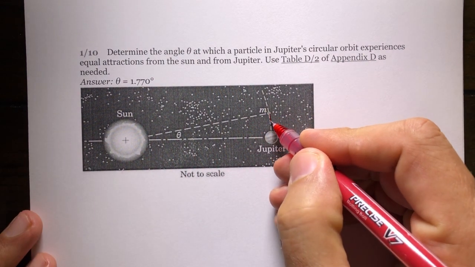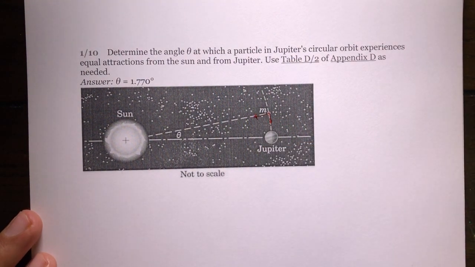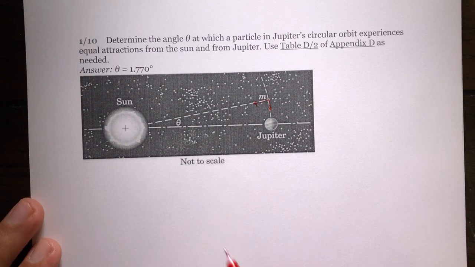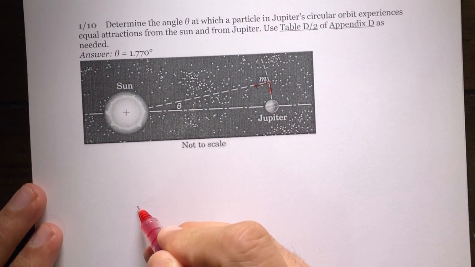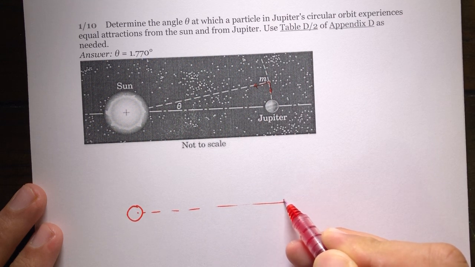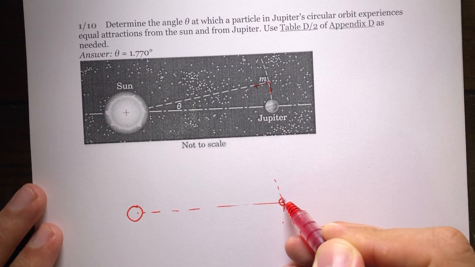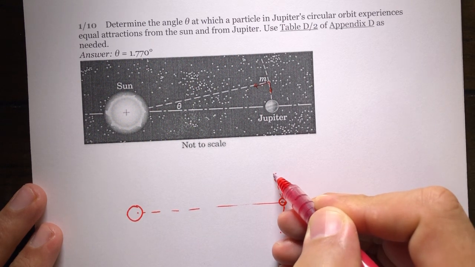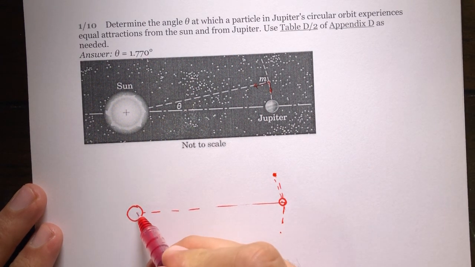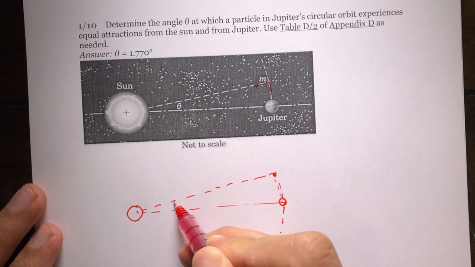So the gravitational force toward Jupiter must be equal to the gravitational force toward Sun. To make it more clear, let me draw that figure again. This is Sun, this is Jupiter, and this is the orbit of Jupiter. And we have a particle here, and we want to find this angle, theta.